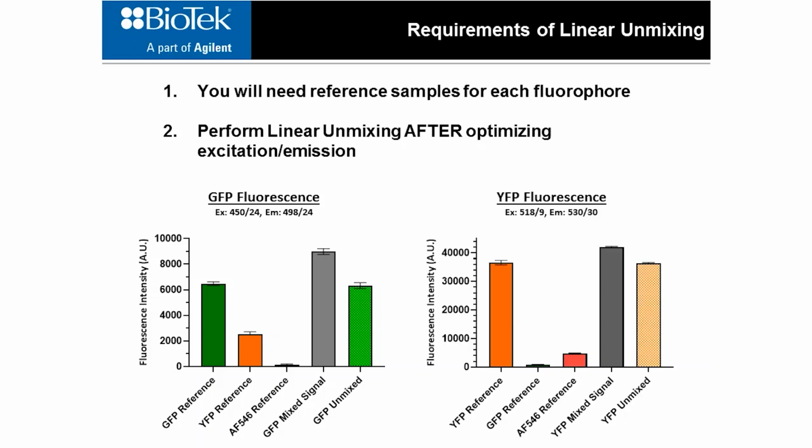Similarly, you can do this with YFP as well, where as long as you have a reference sample for YFP, GFP, and Alexa Fluor 546, you can have a mixed sample and still be able to distinguish out the signal of interest, in this case YFP.